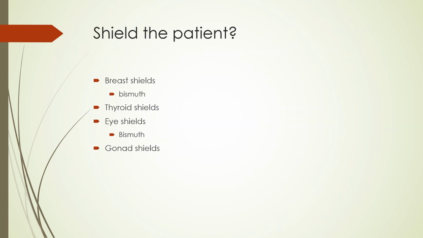The use of bismuth for patient shielding was evaluated by AAPM and a position paper was released a few years back. According to the AAPM, the use of bismuth shielding, while it can reduce dose to certain organs like the breast, lens, thyroid, and gonads, has also several disadvantages.